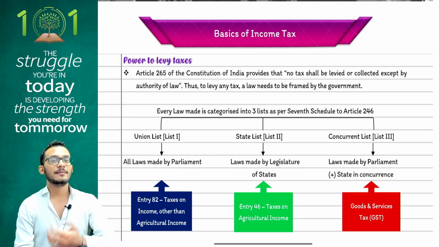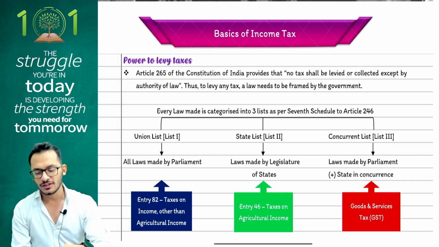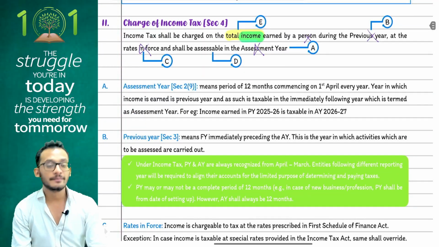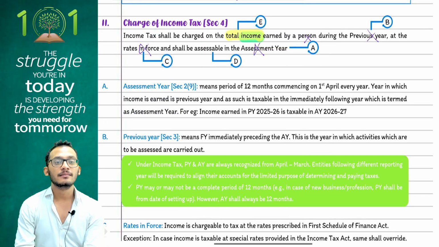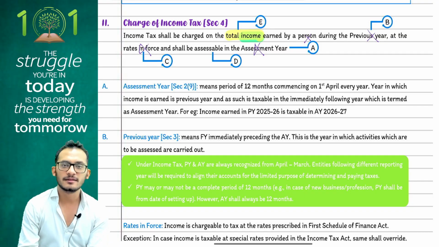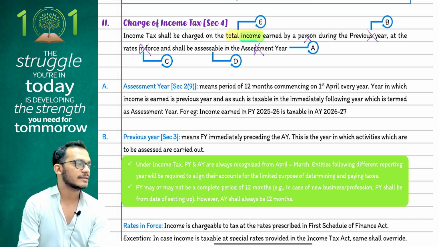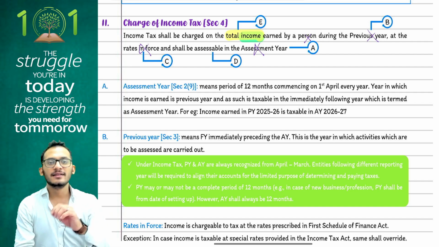Then we started discussing the charging section of income tax, section number 4. Section number 4 clarified that when it comes to the charging section, any tax will be levied on the total income of a person earned in the previous year at the rates in force in the assessment year. We discussed a few things.